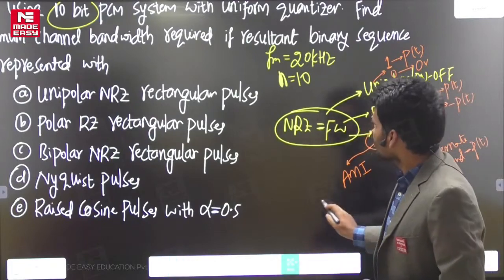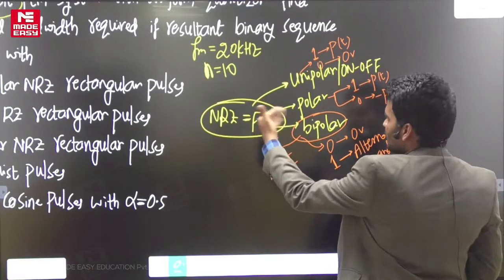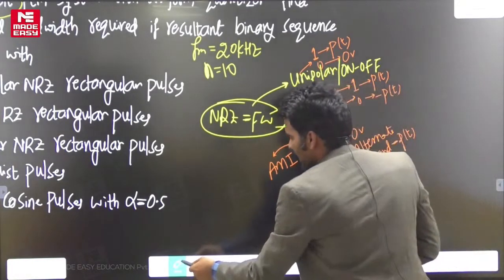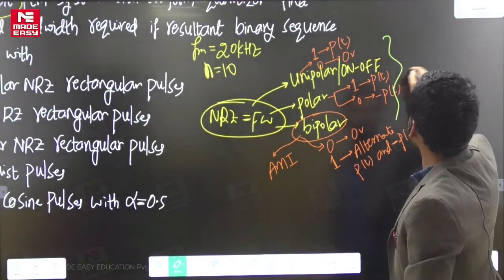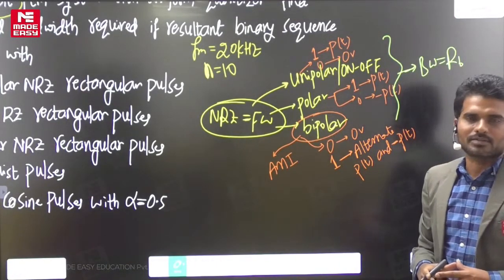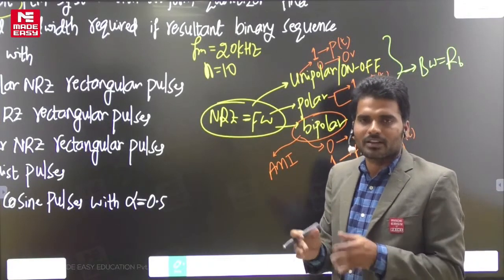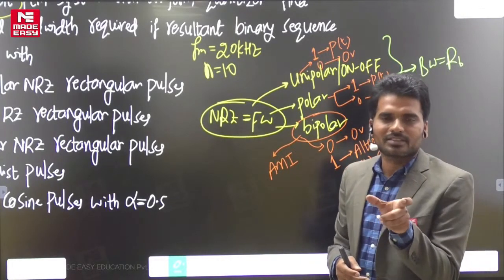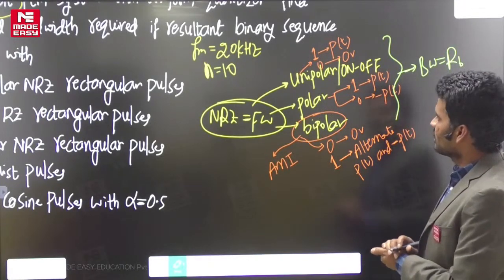Now, if you are using full width pulses in these coding mechanisms, then in all these cases the bandwidth will be equal to RB. Take this as a formula: binary 1 and binary 0 represented by full width pulses, where the pulse duration is TB, then the bandwidth is RB.